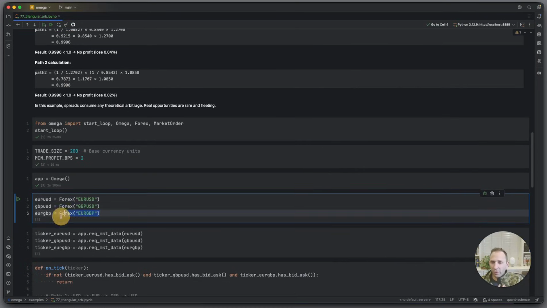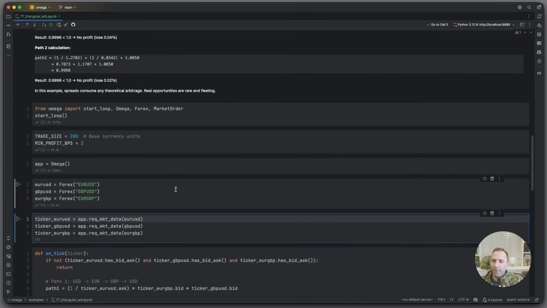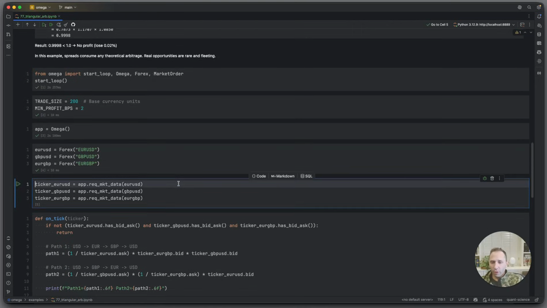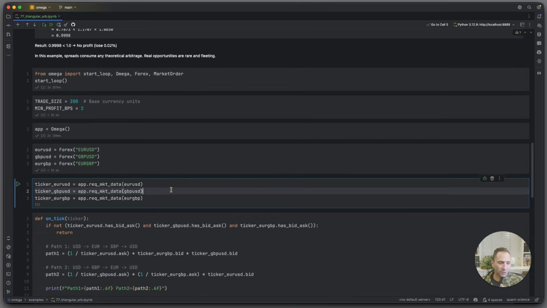I'm going to create 3 cash Forex contracts. This is what we use to tell Python what the contract object is. We're going to then start the streaming data. So app.request_market_data, that's all it takes to request streaming data. Done, less than 10 milliseconds. Data is streaming now into Python.